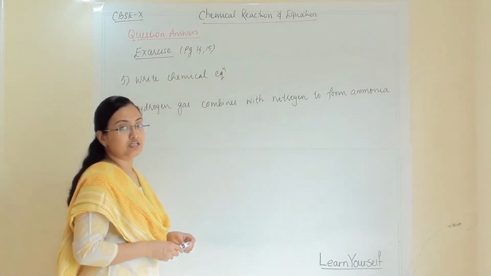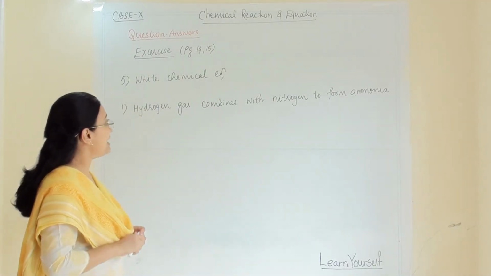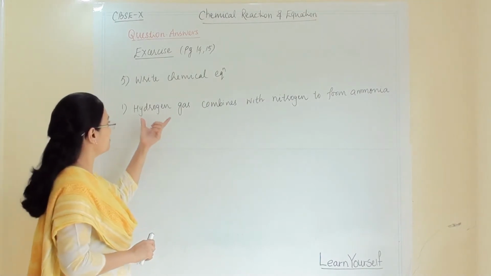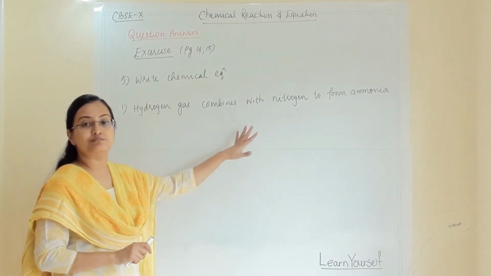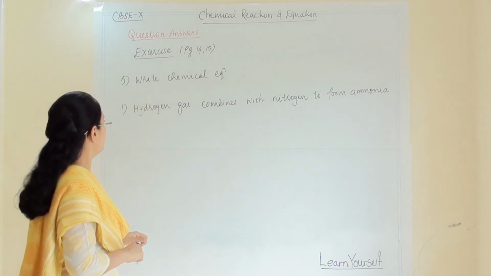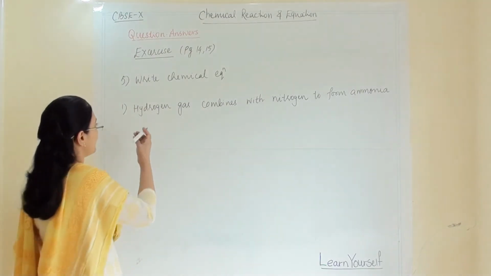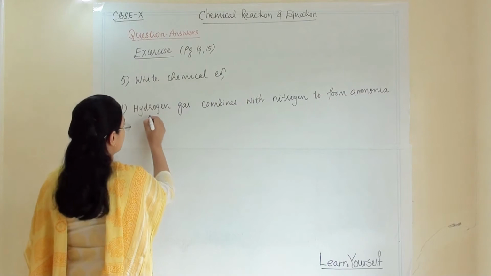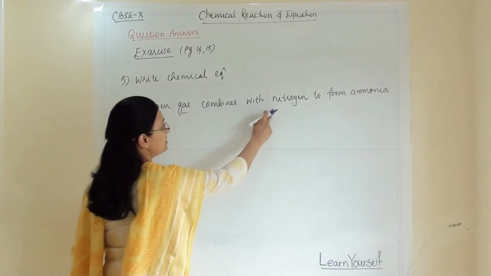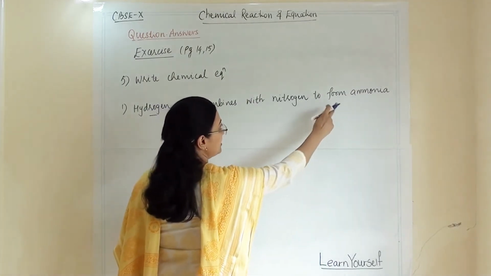Fifth question, in that we have to write a balanced chemical equation from this word equation or the description of the equation. So in that they said that hydrogen gas combines with nitrogen to form ammonia.